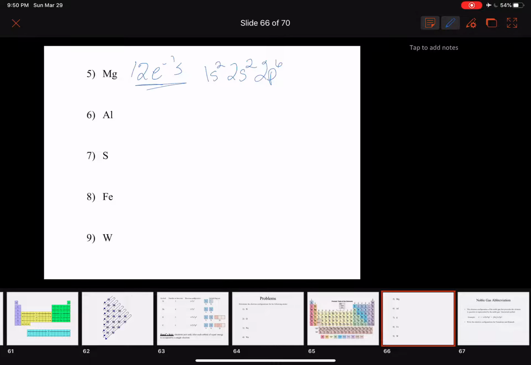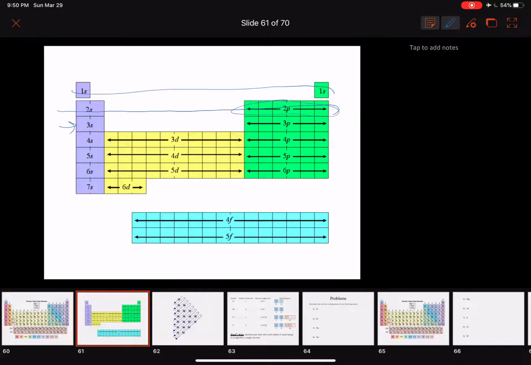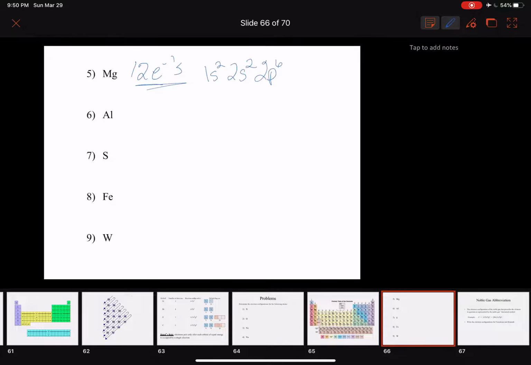And we said back on this slide right here that after that we're going to go into the 3s. Now magnesium is right there, so that should indicate to you that magnesium is going to be 3s2. And indeed it is. The next orbital that we fill is the 3s.